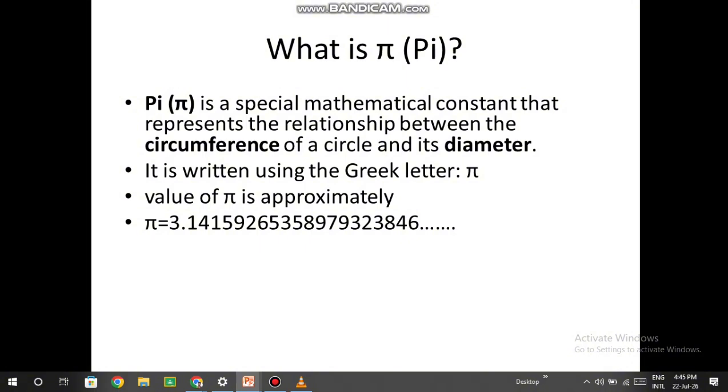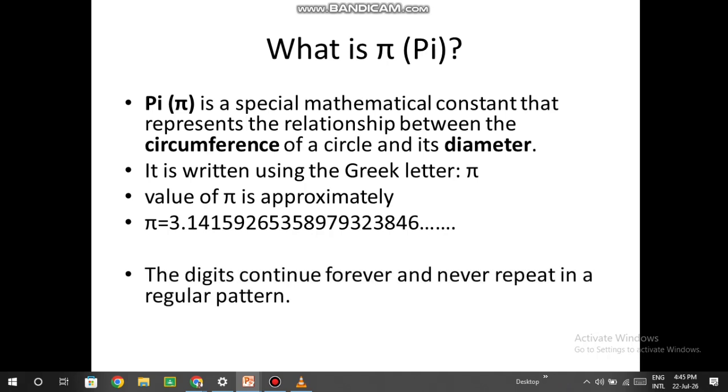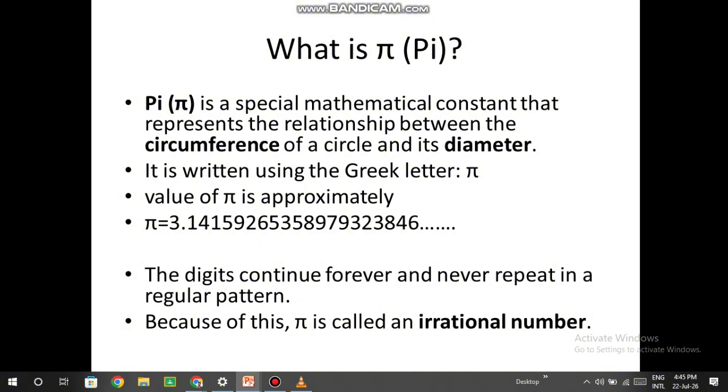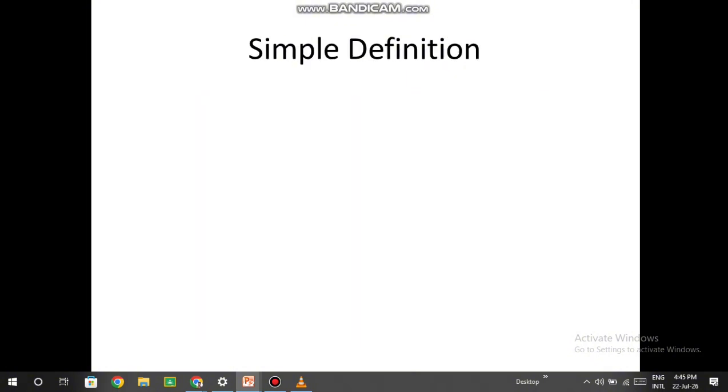This value will never end at any point, and it will not repeat at any point. So the digits continue forever and never repeat in a regular pattern. This is the reason why it is called an irrational number.